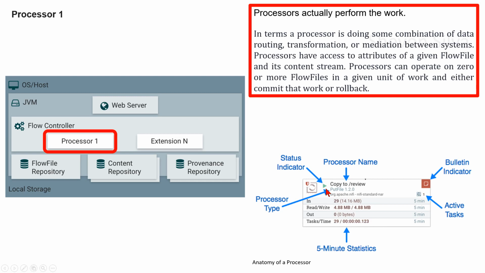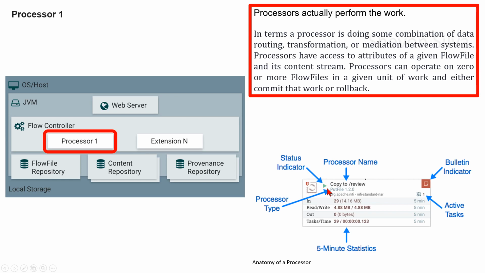Status indicator. This shows the current status of the processor. The possible indicators are running: the processor is currently running; and stopped: the process is valid and enabled but is not running.